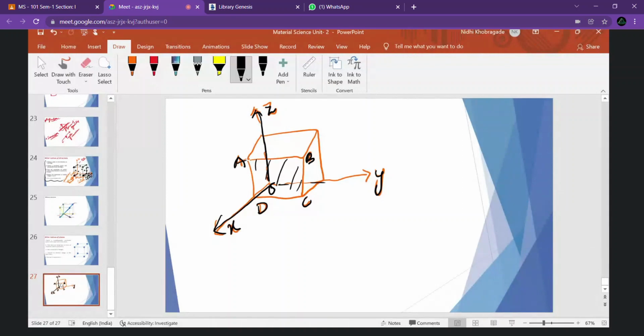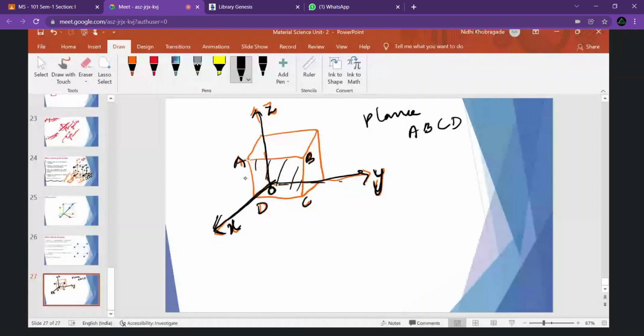This is our origin, with planes for A, B, C, D. So our plane is A, B, C, D, and our origin is this. According to this origin, we have marked this as our x-axis, this is our y, and this is our z respectively.